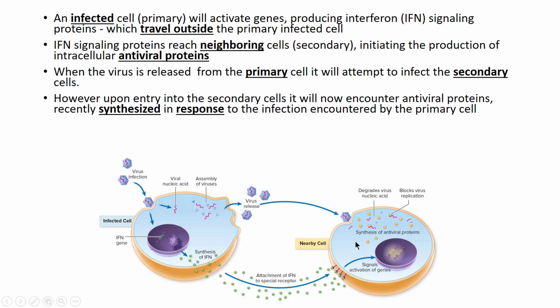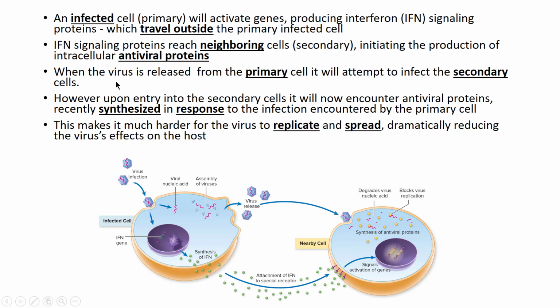That's the mechanism at play. It makes it much harder for the virus to spread and replicate to other nearby cells. So the idea is that you have one cell that's giving up its ability to function by letting other cells around it know that there's an incoming virus. That's the idea behind interferon here.